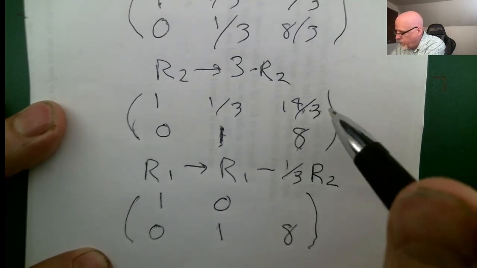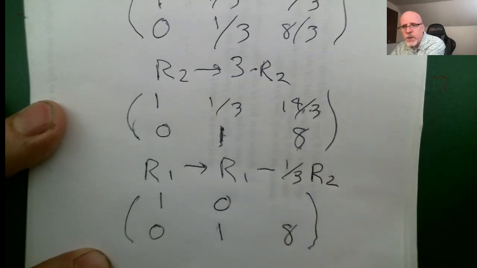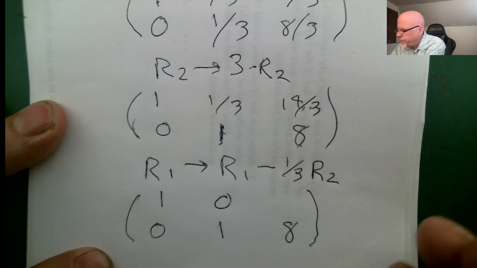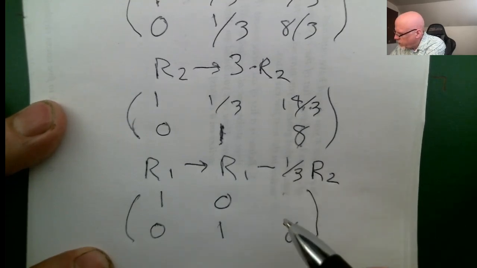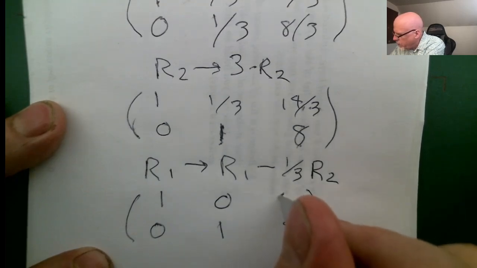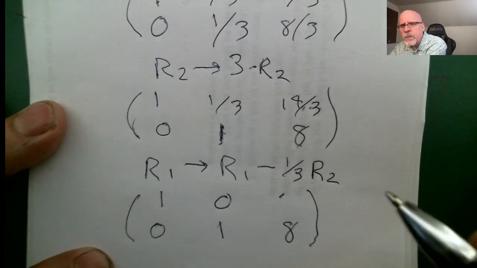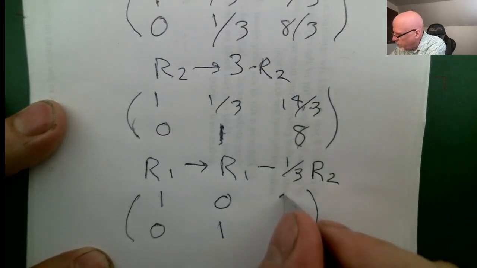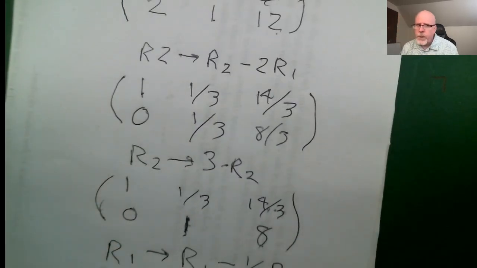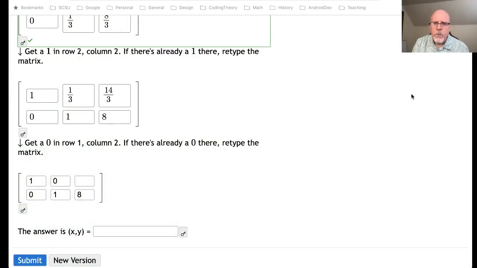Let me do the row replacement operation I indicated. 14 minus 8 is 7. 7 thirds. Wait, am I doing that right? 14 minus 8 is 6. 6 thirds. Oh, wait a minute. I think I can simplify 6 thirds without having to turn to a calculator. That's 2.